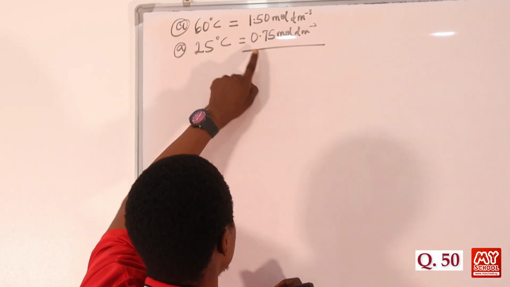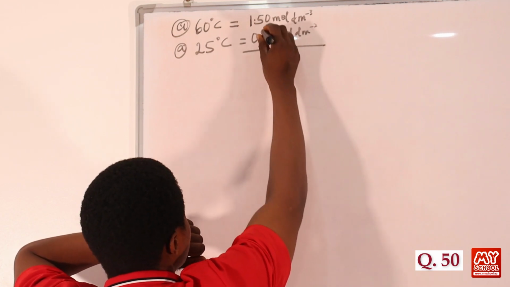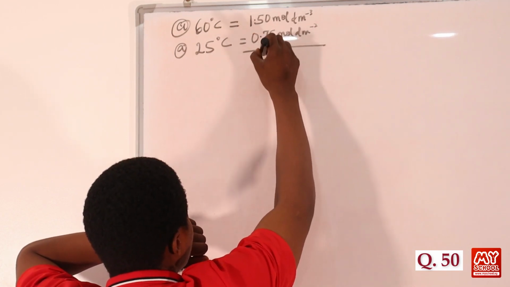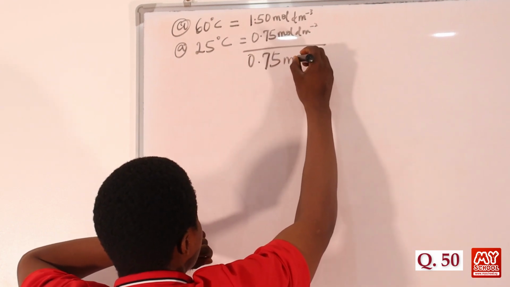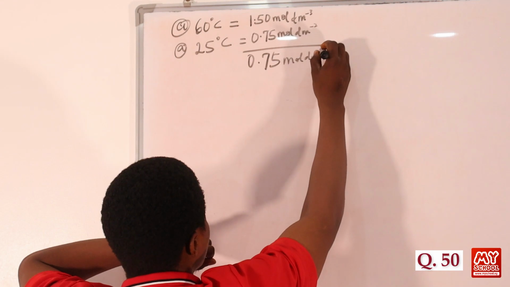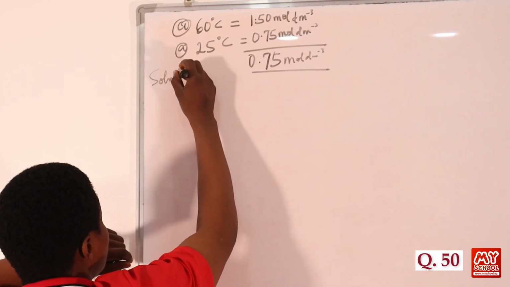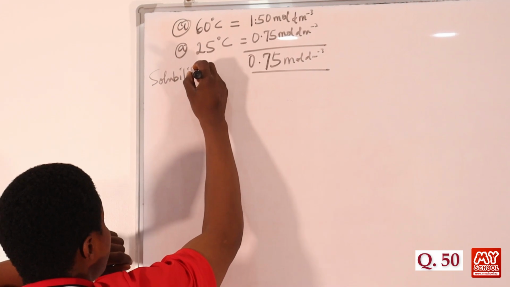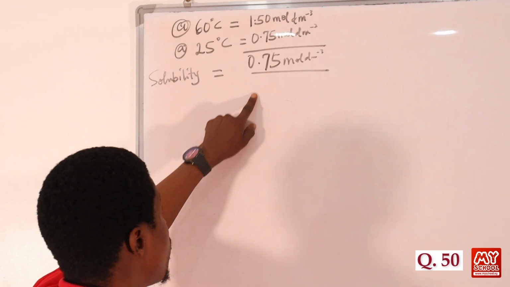So 1.5 minus 0.75 gives us 0.75 mole per dm cube. We need to find the difference between them.